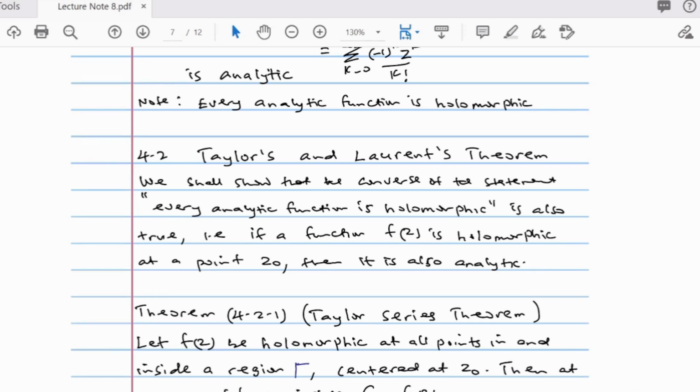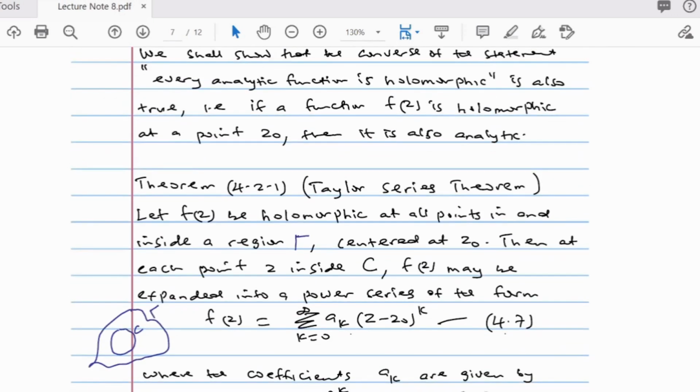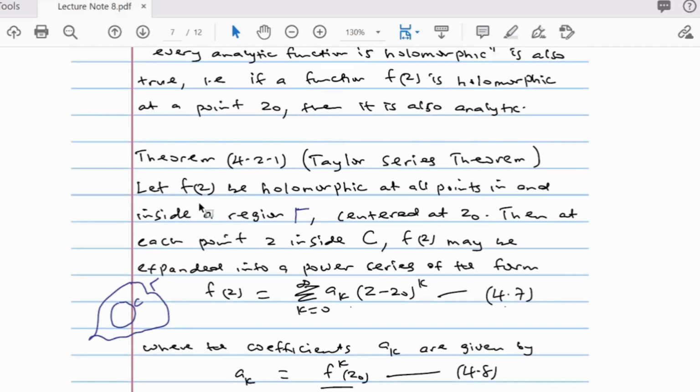Okay, what is Taylor's series or Taylor's theorem? So if you have your function f of z that is holomorphic at all points inside the region gamma. So f of z is holomorphic means it is differentiable at all points in the region.